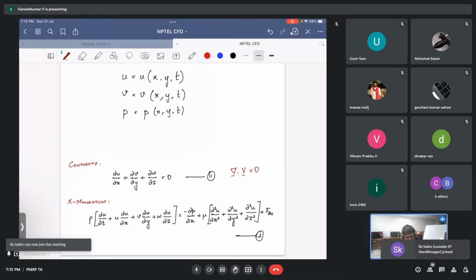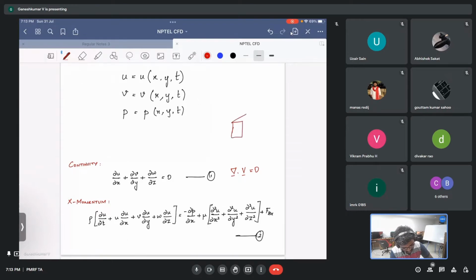If you take any control volume, I recommend you guys go and look at how it is derived. It will help you understand better what a continuity equation is. If you take a control volume, let's say this is a cube, any control volume, whatever comes in goes out. So the balance between these masses.